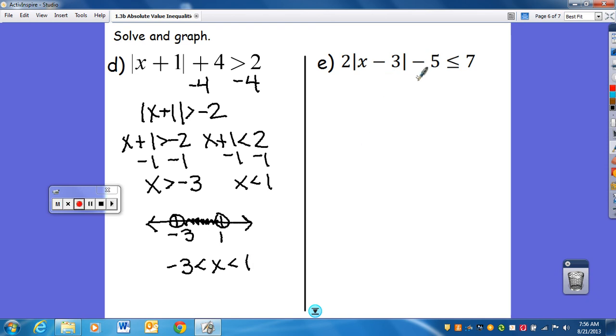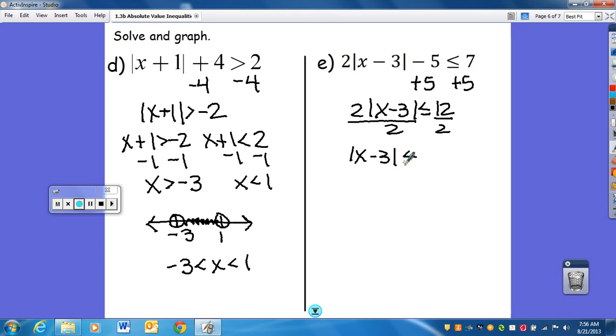On the next example, we need to get the absolute value by itself. So the first thing we'll do is to do the opposite operation, which is to add 5. So now we have 2 times the absolute value of x minus 3 is less than or equal to 12. And then we're going to divide both sides by 2. So now we have our absolute value of x minus 3 is less than or equal to 6.